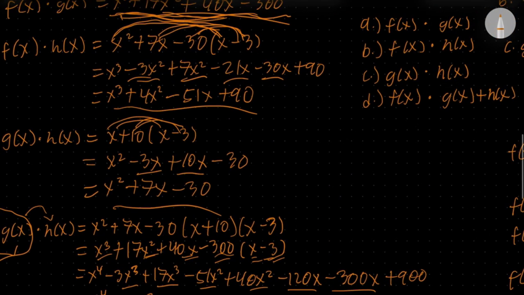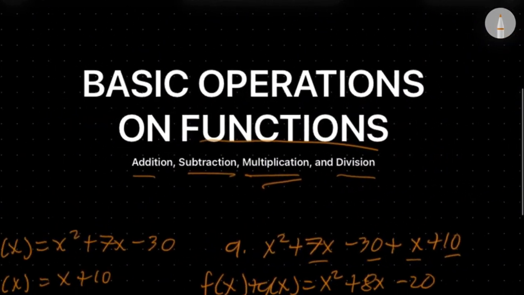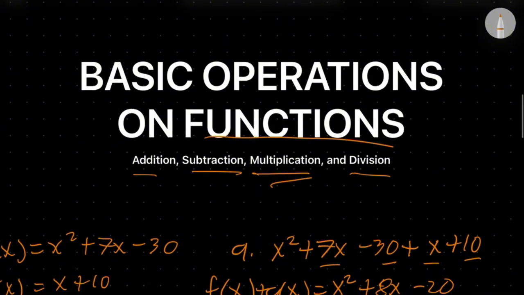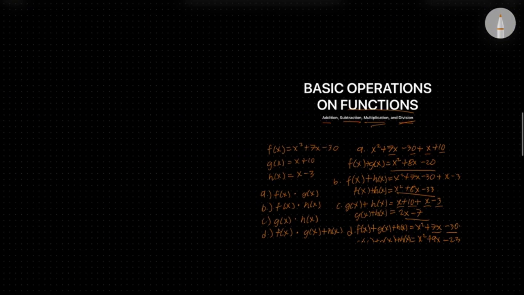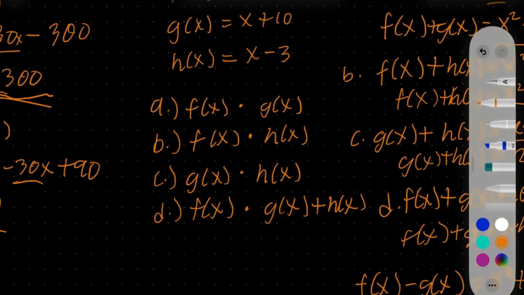Now, to fully satisfy our topic, we are gonna proceed to the last operation and function, which is division. We're just gonna go with the same given, yet we'll just change the sign. We're gonna divide everything.